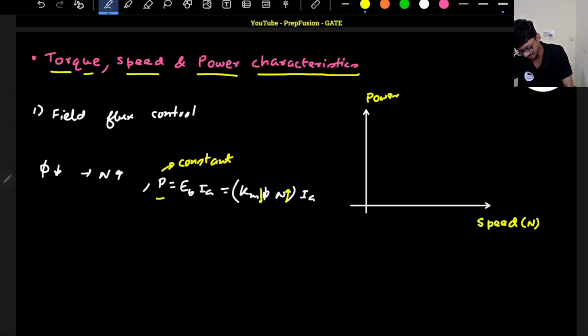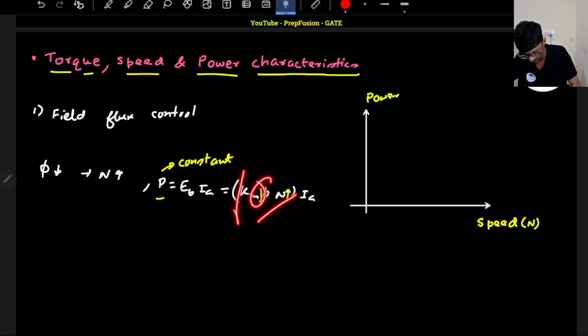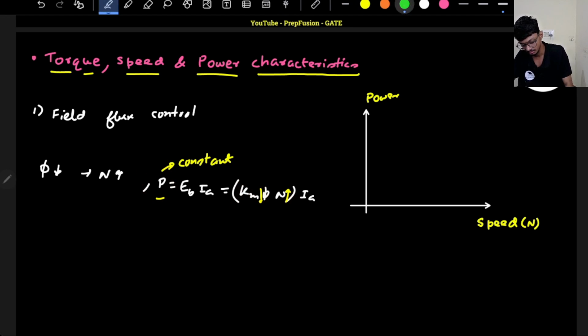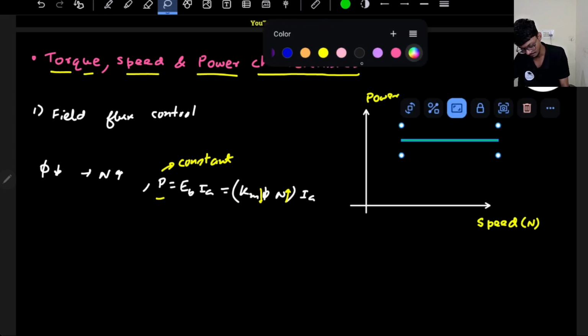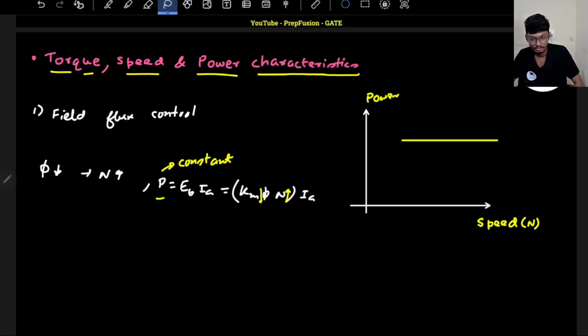With varying speed, if the speed increases, what happens? The flux further reduces, so the power is still constant. So it will just be a constant line like this. So this is the constant power line with varying speed.